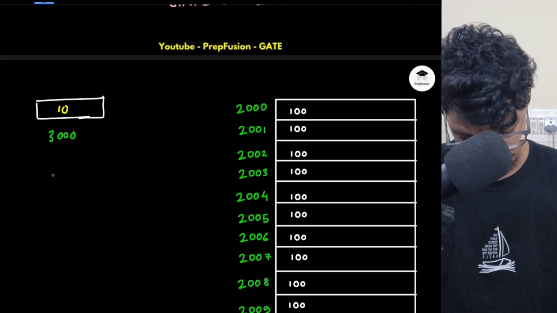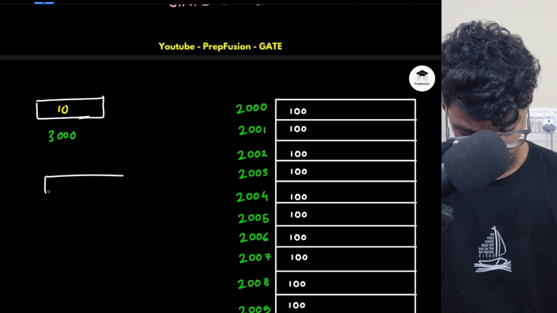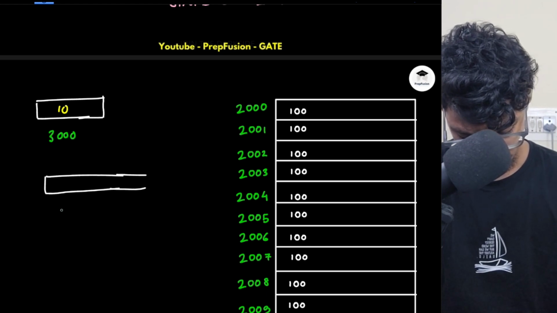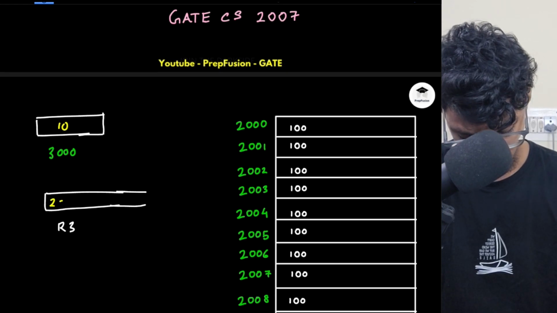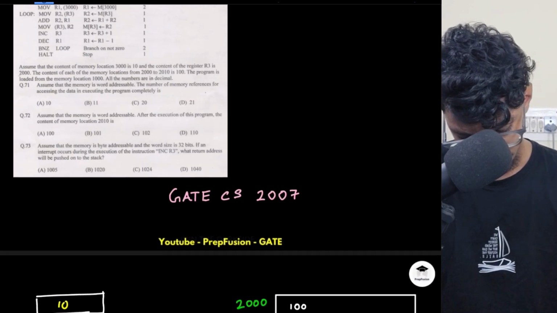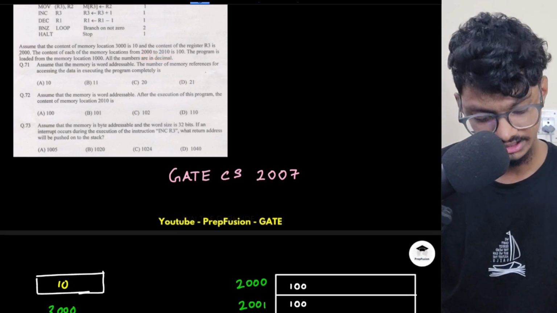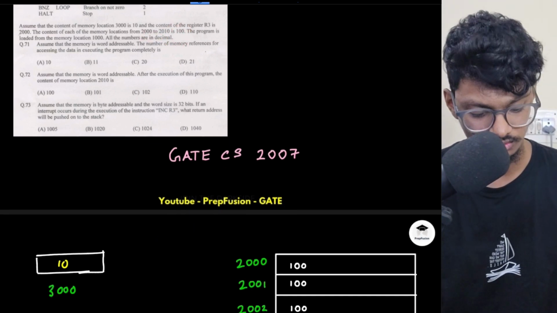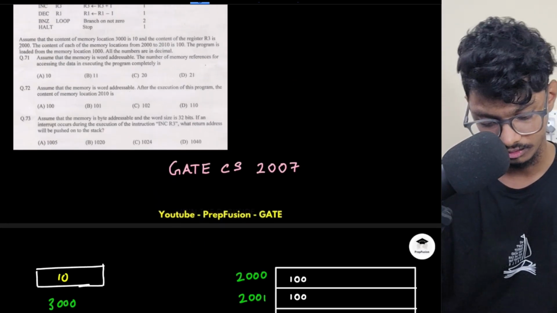I have a few registers, one of them is R3, that has a value 2000. Also they have told me that the content of memory locations 2000 to 2010 is 100. That I have already drawn, we will come to that later on.